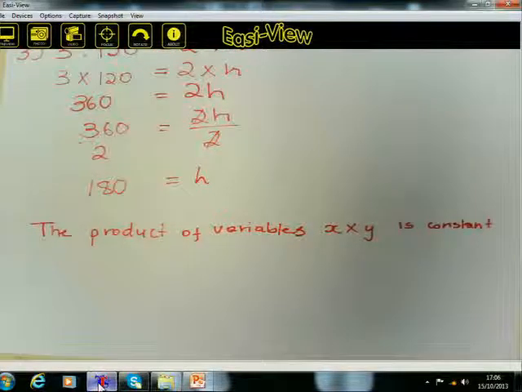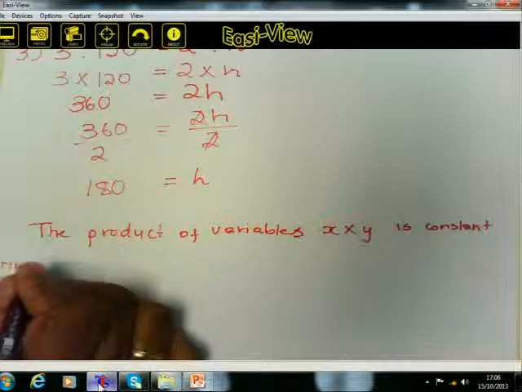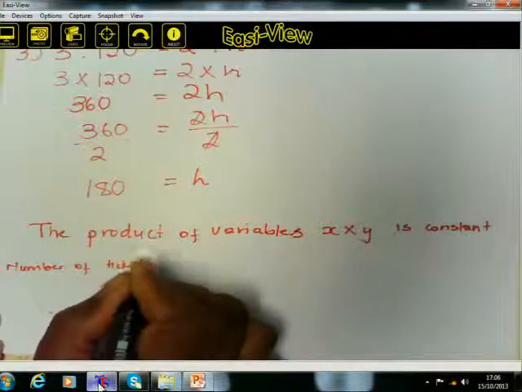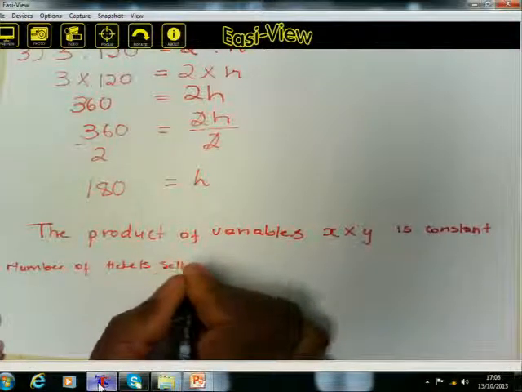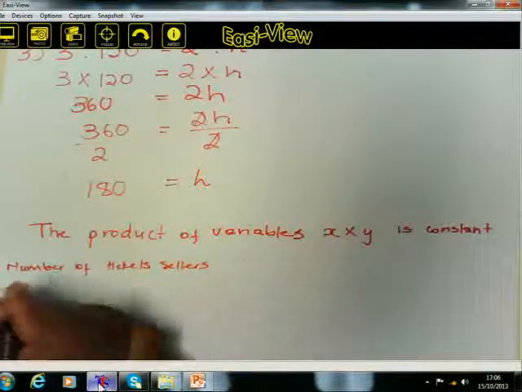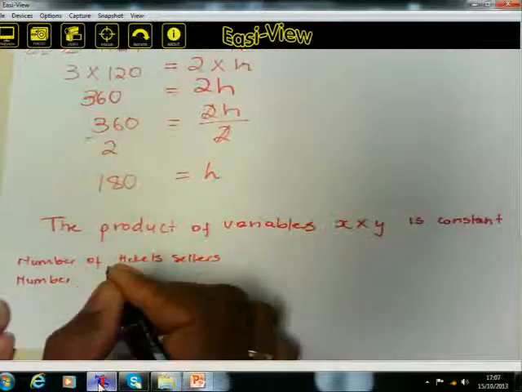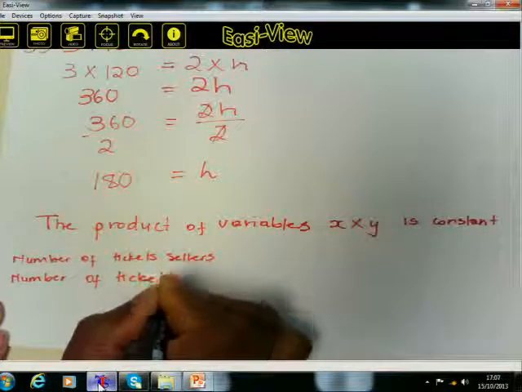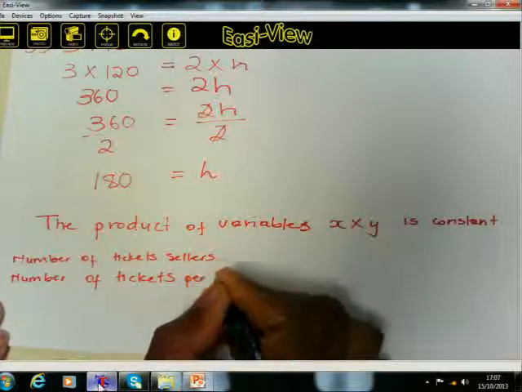So now the example that I'm having here, we'll have, let's say, number of ticket sellers, and then we have number of tickets per seller.